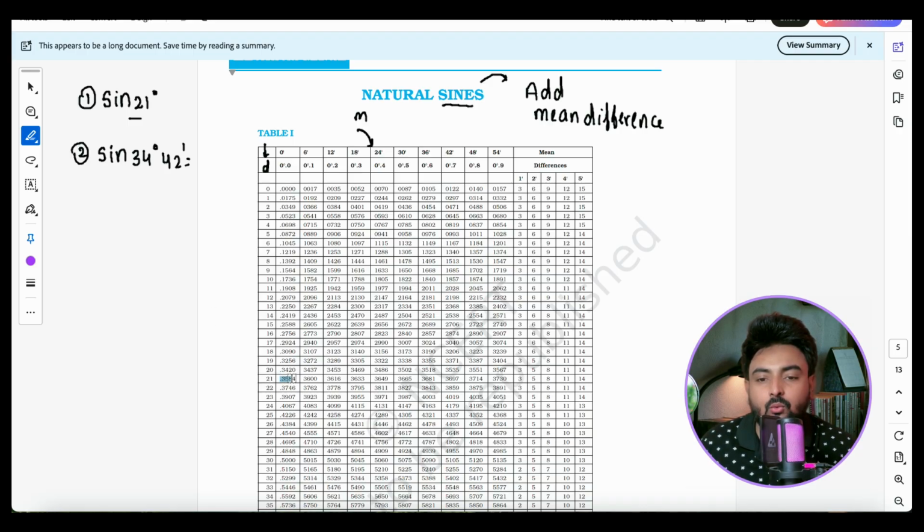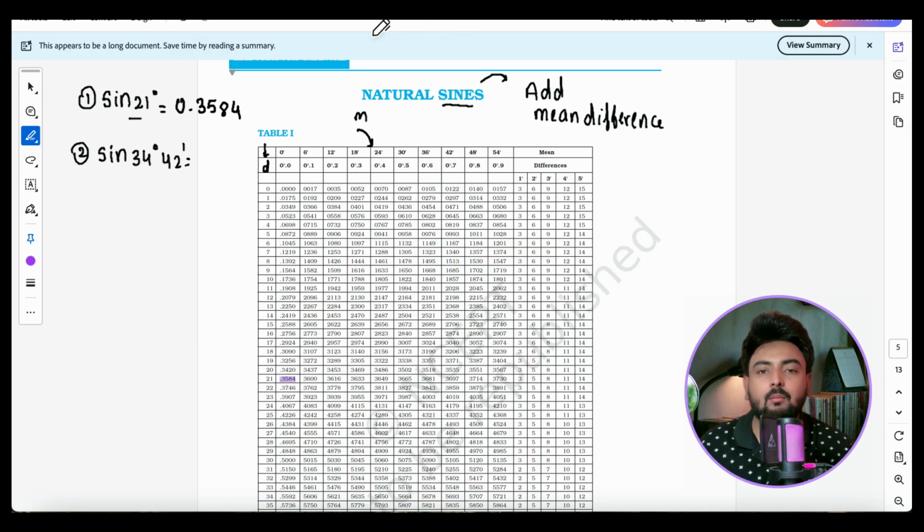This is the value for sine 21 degrees. So the answer is 0.3584. This is the answer for sine 21.